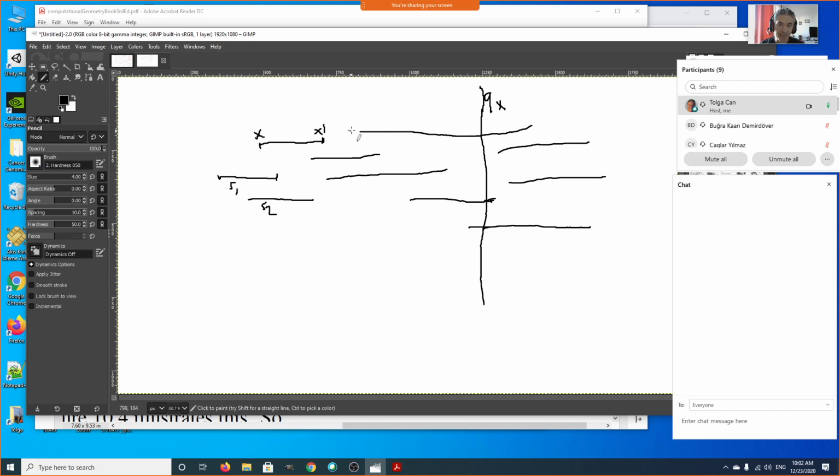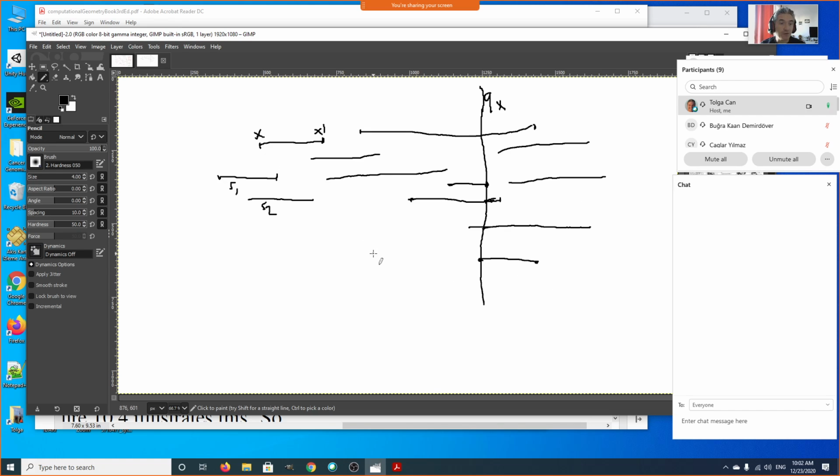Endpoints are included. If a line segment just ends at qx, it should be reported. If another starts at qx, it should be reported. Other line segments which contain qx in their interior should be reported. So we have this problem now.